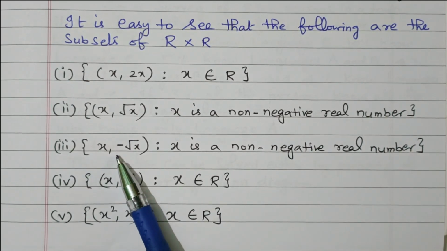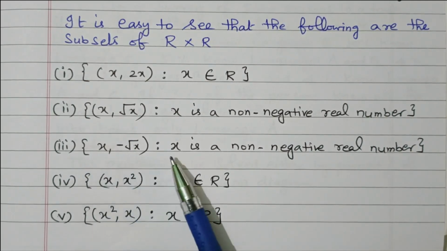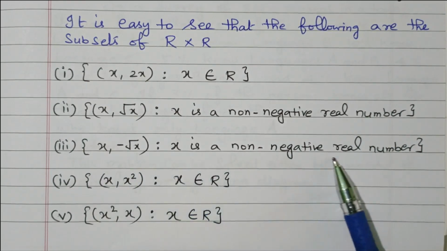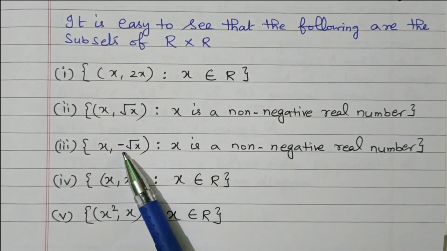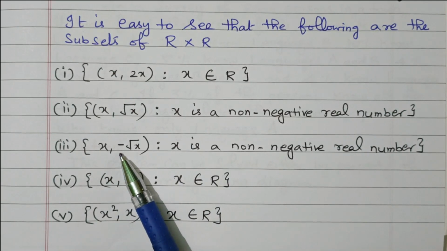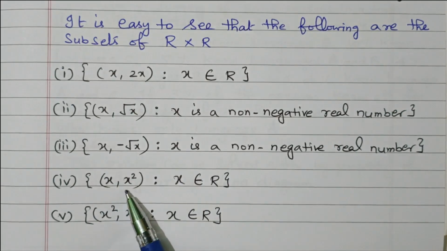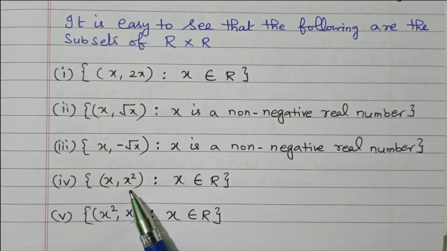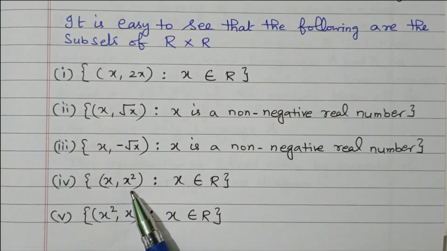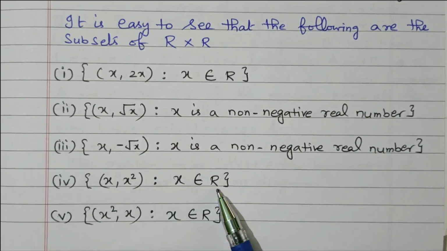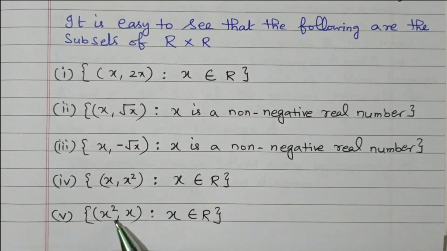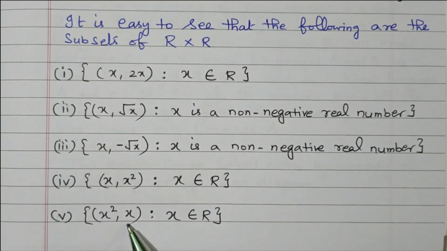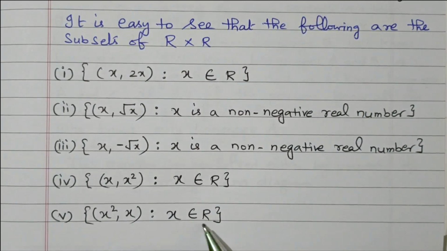The set of (x, minus root x) such that x is a non-negative real number. Here we included the negative outside of the square root, so not a problem. The set of (x, x square) such that x belongs to R, and the set of (x square, x).